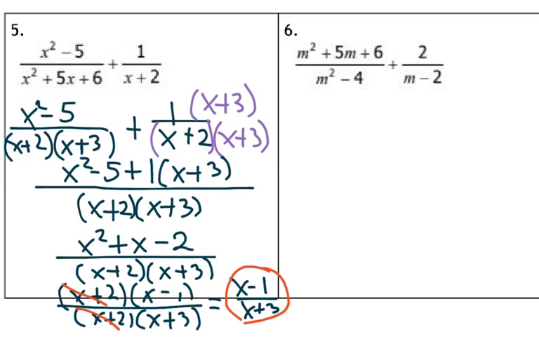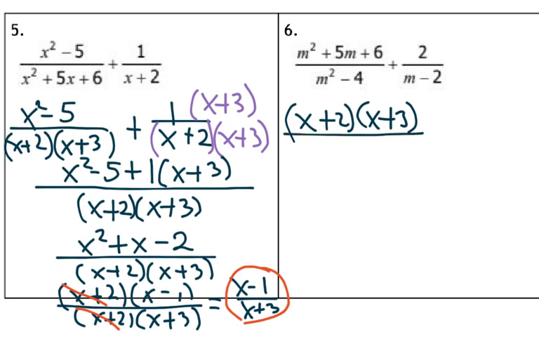Okay, example number 6. Again, first, factor anything you can, then look for the common denominator. So the first fraction has a quadratic expression, which could be factored to be x plus 2, x plus 3, so factors of 6 that add up to 5, and then m squared.